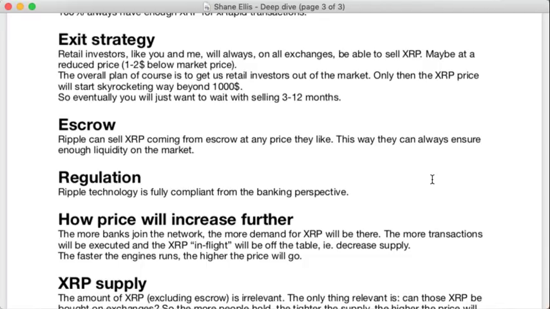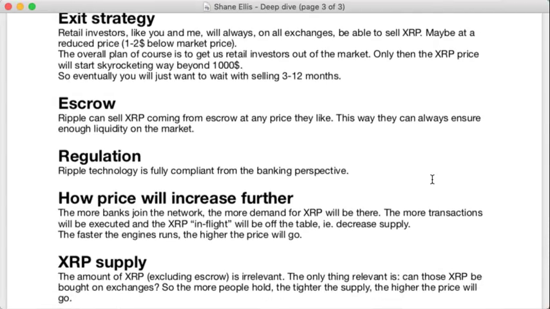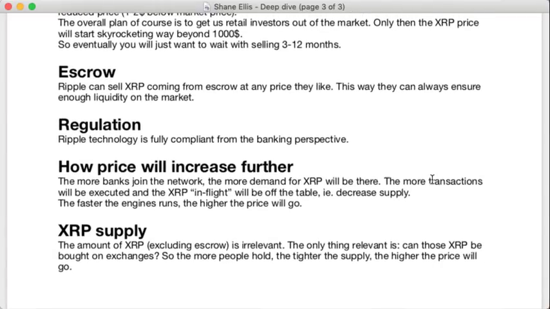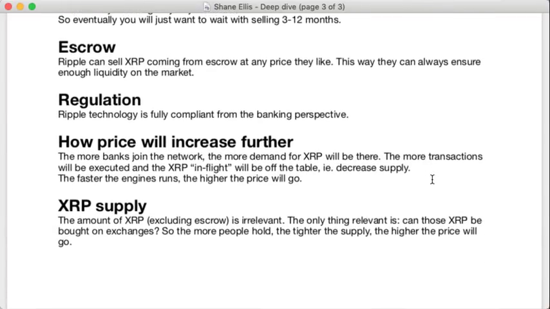So this getting the retail investors out of the market may take, depending on how many are willing to sell, between 3 and 12 months. That's my estimation.